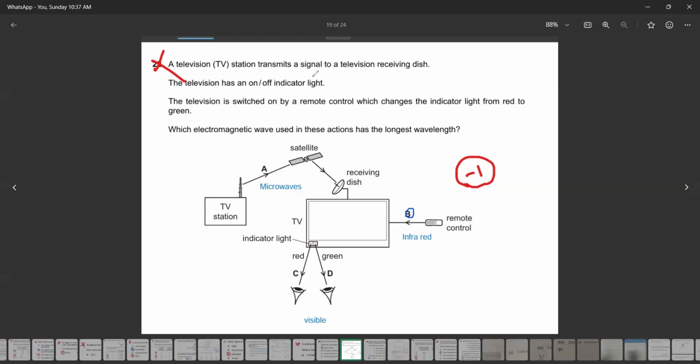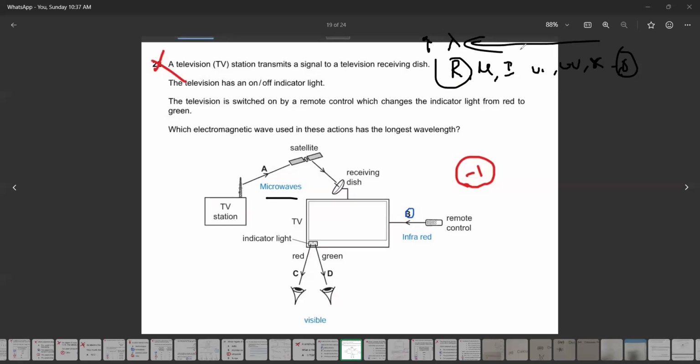A TV station transmits a signal to a television dish. A television is switched on by a remote control. Which electromagnetic wave in these actions has the longest wavelength? You have to recall the electromagnetic spectrum. Radio has the longest wavelength, but it is not among the options here. The order is radio, micro, infra, visible, ultraviolet, X-rays and gamma, and the wavelength increases in this order.